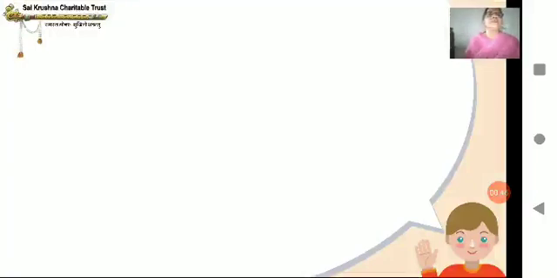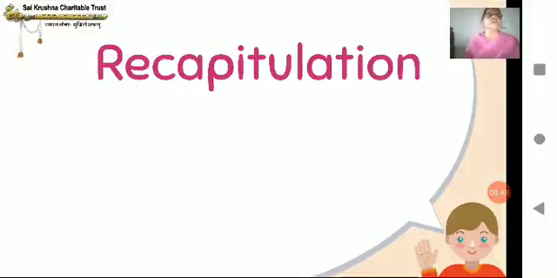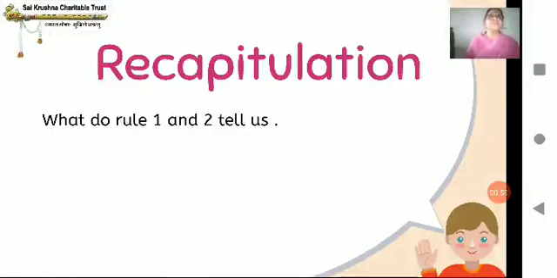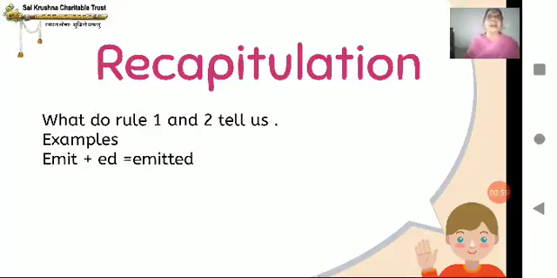Well children, in the previous 3 videos, you have already seen what is rule number 1 and what is rule number 2. You have had examples, and here also we are going to just refresh with a few examples. Emit plus ed is emitted. What has happened there?